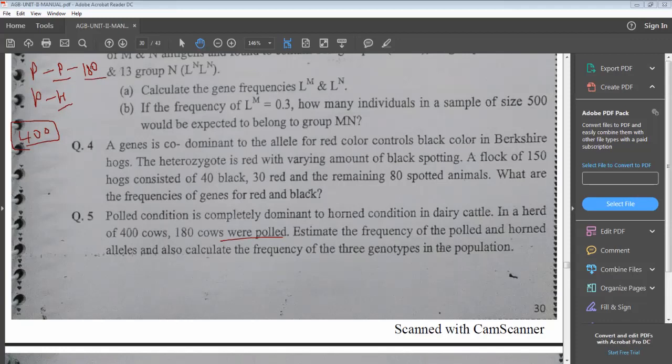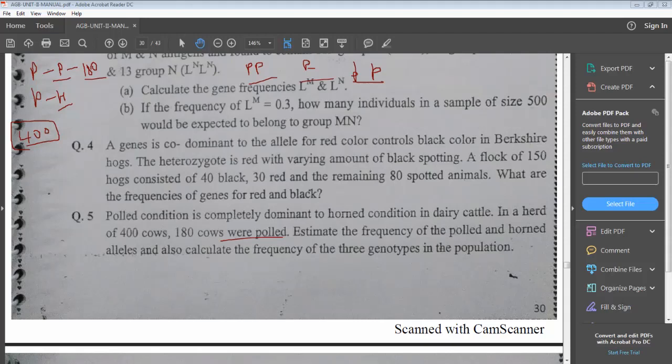Now it is the single character, that is the horned character. So this particular condition is like this: capital P capital P, capital P small p, and the last form is small p small p. These three different phenotypic groups were seen with 1:2:1 ratios. Generally, in the monohybrid process, the 1:2:1 ratio will have three classes.